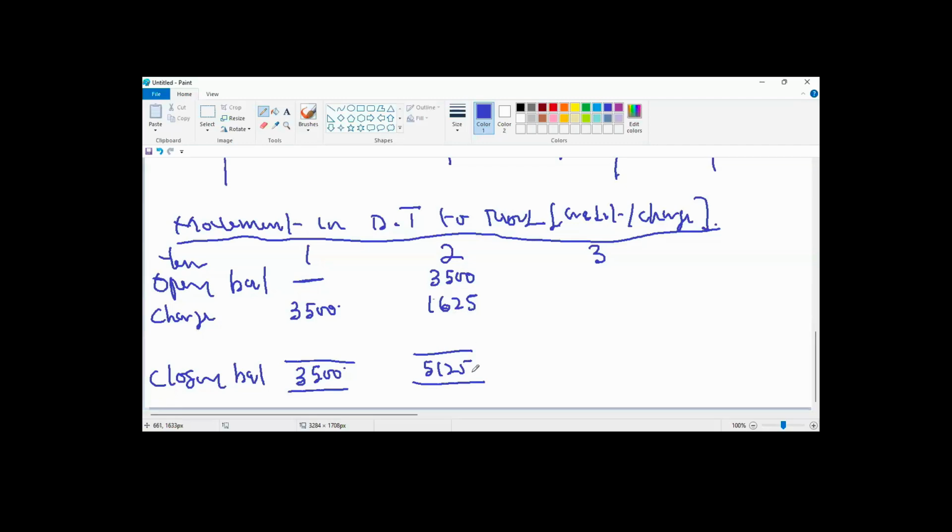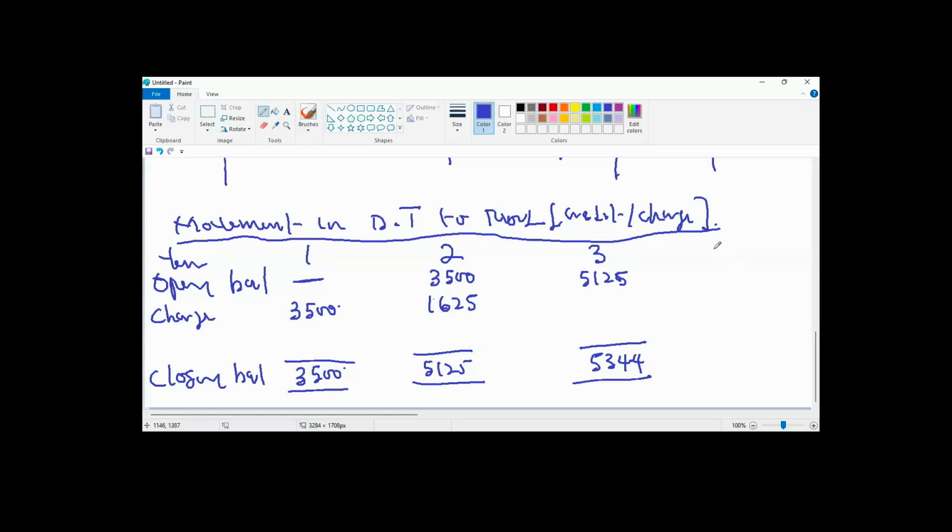This is the statement of financial position at the end. The closing balance in year 2 will be the opening balance. What do we close with? 5344. It has increased again, it's a charge.